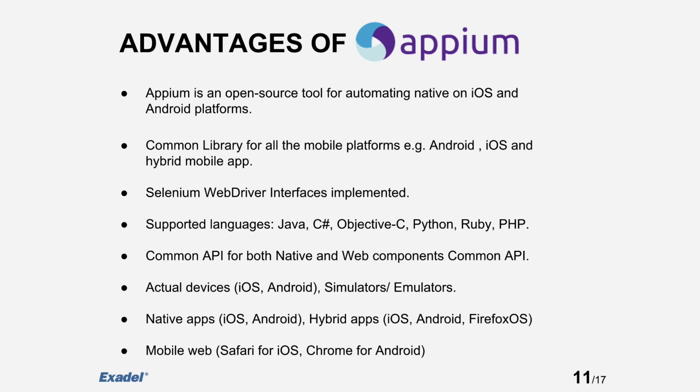Number two, there is no need to be locked into a specific language or framework to write and run tests. Number three, a mobile automation framework shouldn't reinvent the wheel when it comes to automation APIs. And number four, a mobile automation framework should be open source in spirit and practice as well as in name. Nice words. Let's see in details if we can kill two birds with one stone.